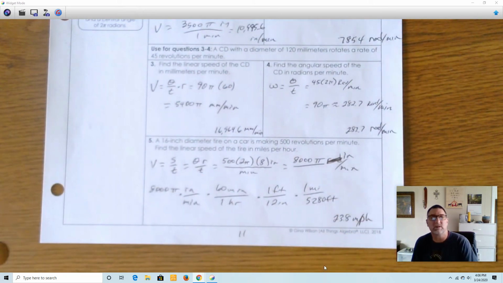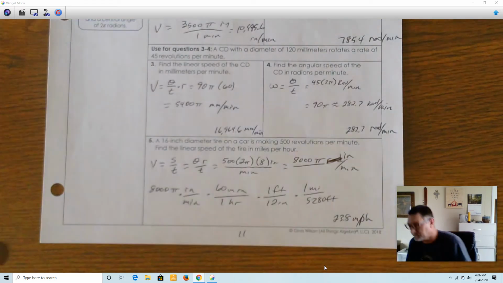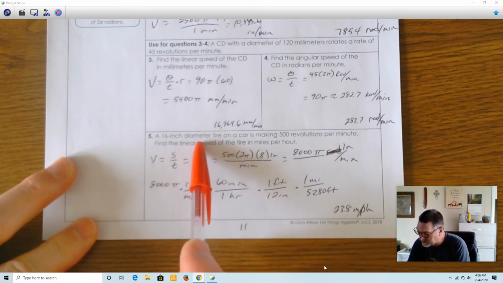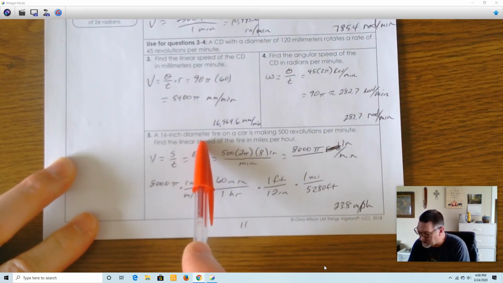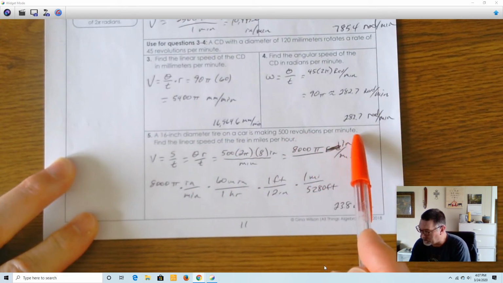It says a 16-inch diameter tire on a car is making 500 revolutions per minute. Find the linear speed of the tire in miles per hour. So here they tell us that the diameter is 16 inches, so the radius is 8, and it's making 500 revolutions per minute.